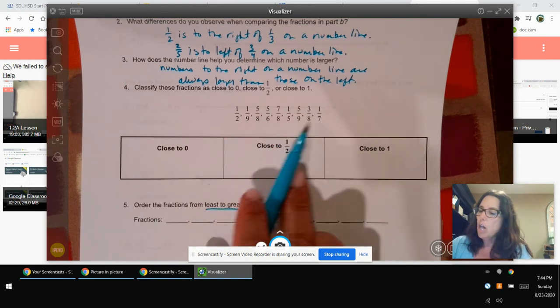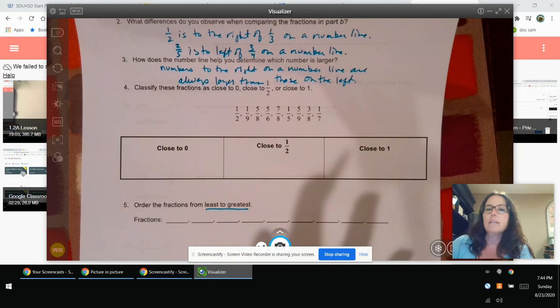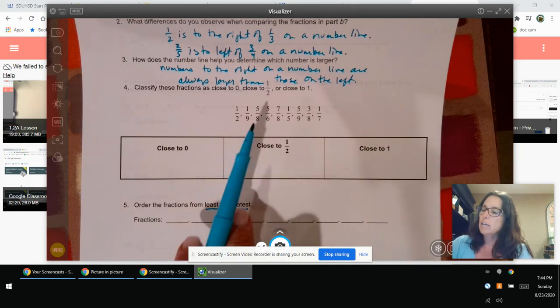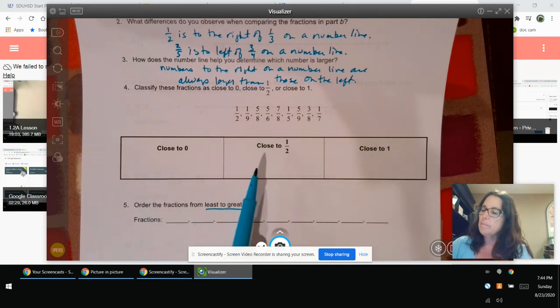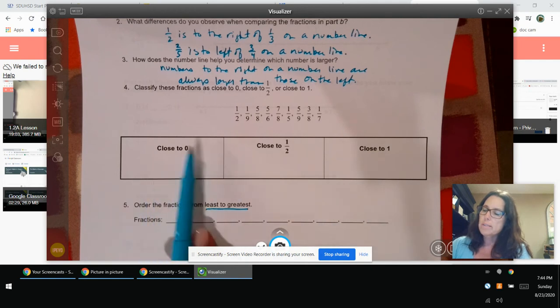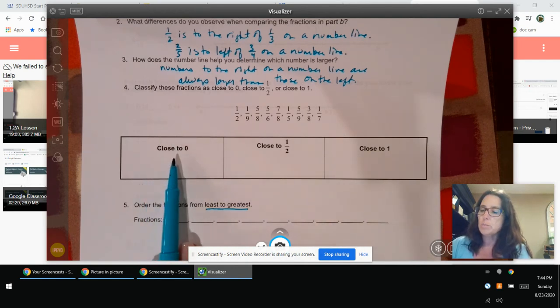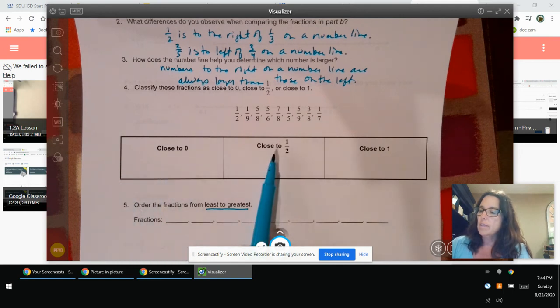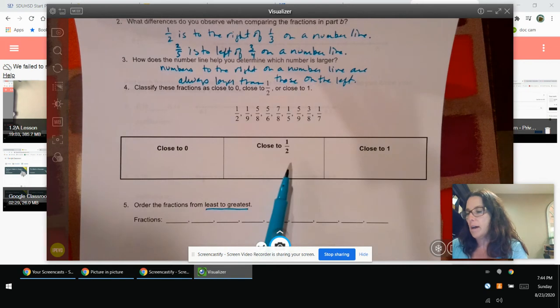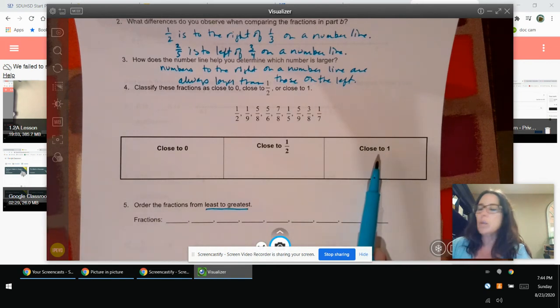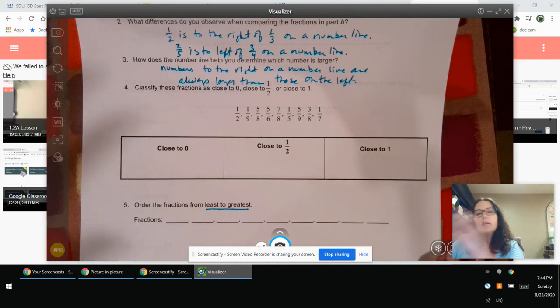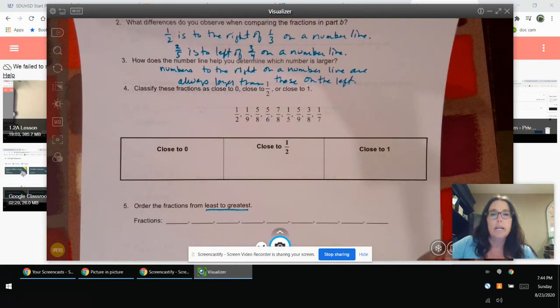Looking at all of these, it's a lot. But if we categorize them first, wouldn't it make sense that we could then order them? These are the smallest, so we'd order just these. They're the next size up. And then these guys are the largest. So that makes little mini problems out of this big giant problem.